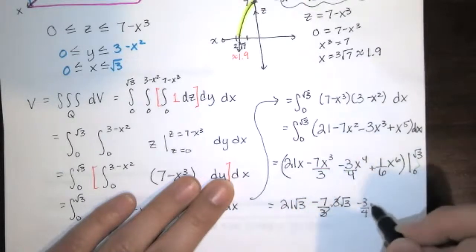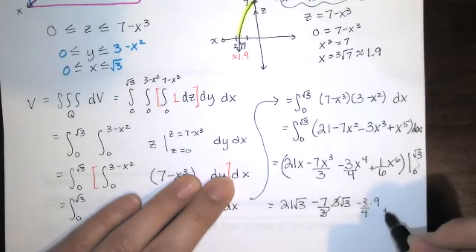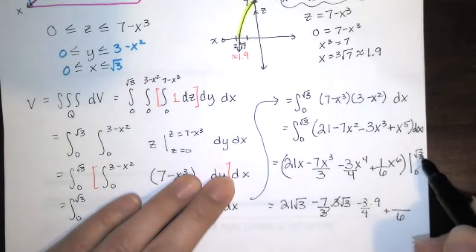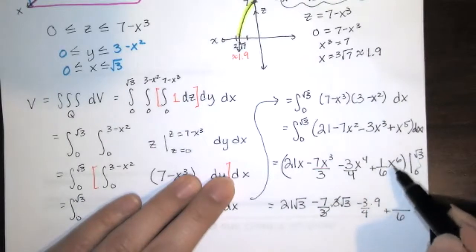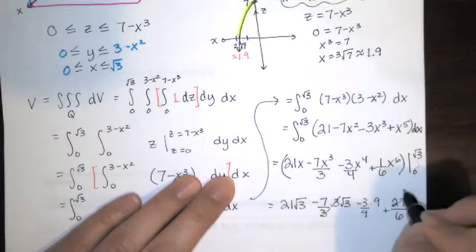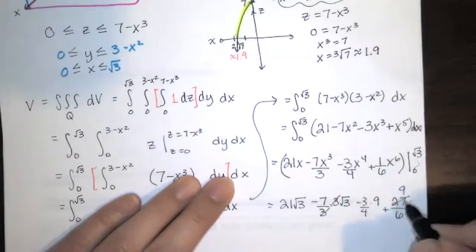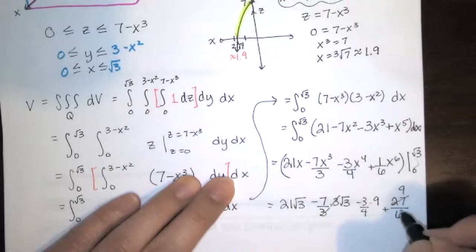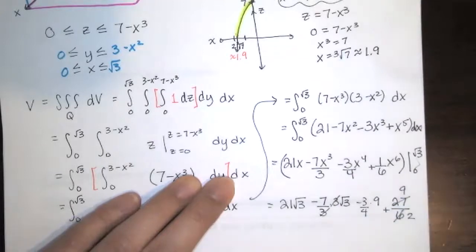So it's 3 times 3, which is 9. Similarly, we're going to have 3 pairs of square roots of 3. So it's going to be a 3 times 3 times 3, which is 27, or you can reduce that. That 27 divided by 3 is 9, and 6 divided by 3 is 2.